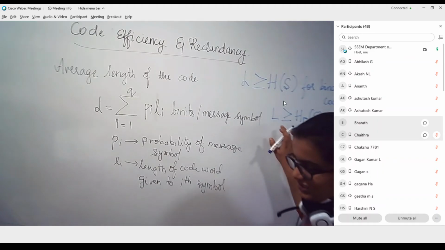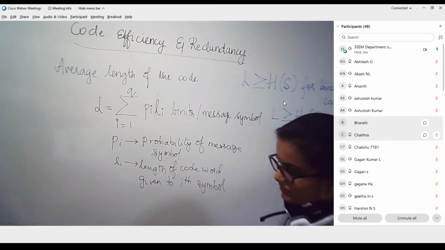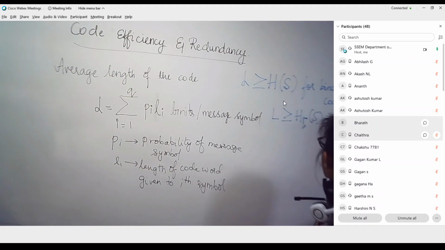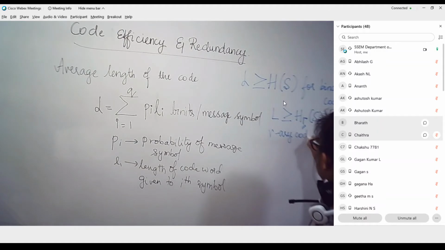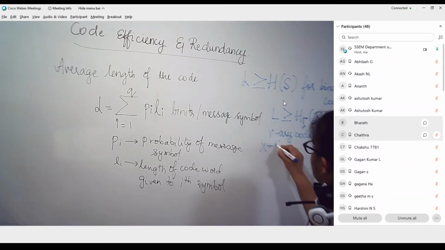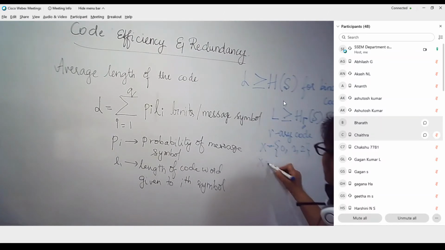In that case, H of S is replaced with HR of S. This is for the R-ary code, where when R is equal to 3, the code alphabets are 0, 1, 2. If R is equal to 4, then the code alphabets are 0, 1, 2, 3, like that.